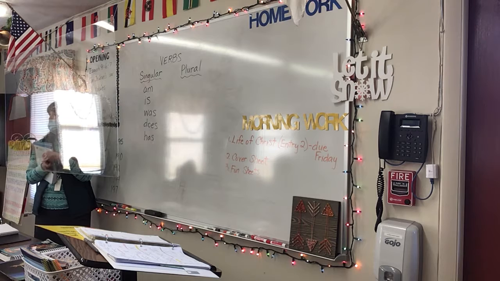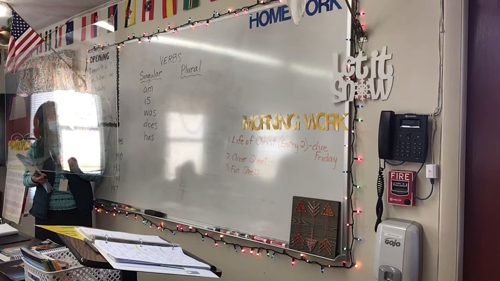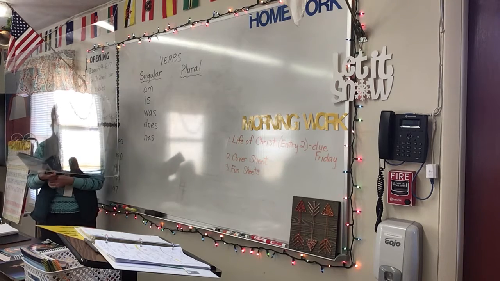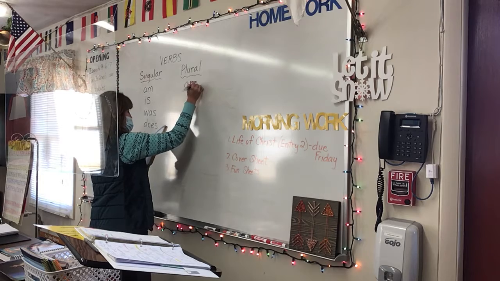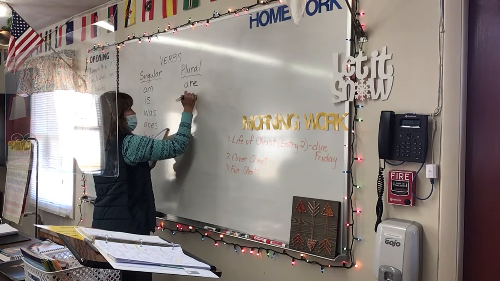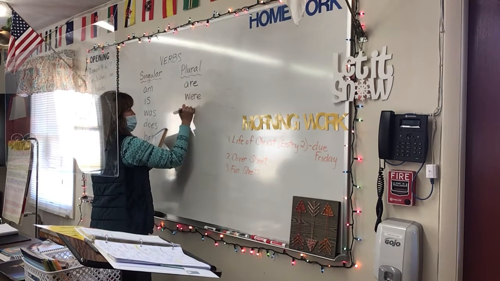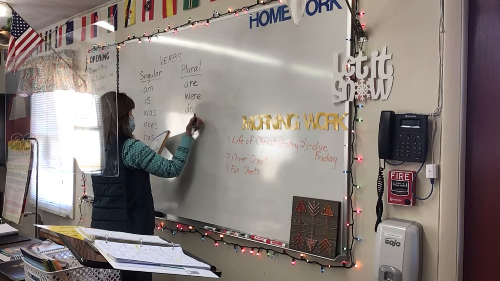Write this down on a new page in your journal: am, is, was, does, has. And then our plural, we would use are, were, do, have.